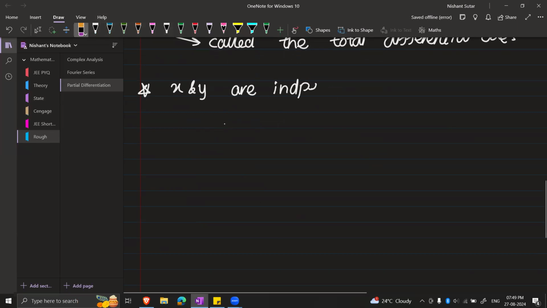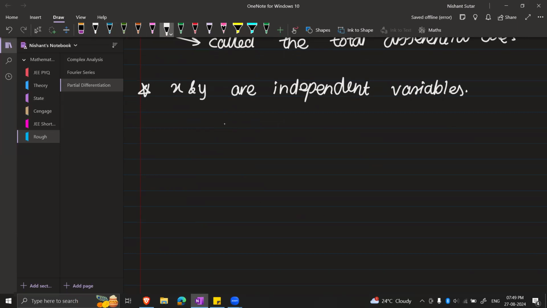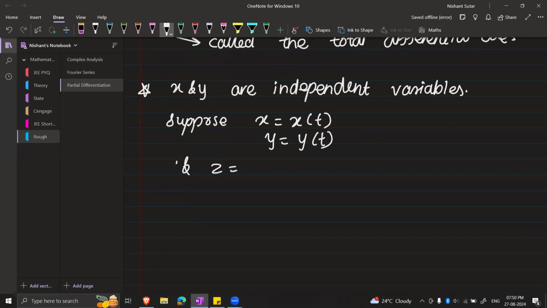Suppose x is a function of some t, x of t, and y is also a function of t, y of t. Then z is again a function of x and y.